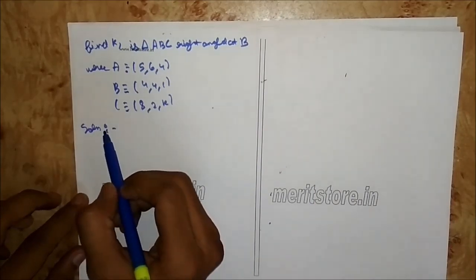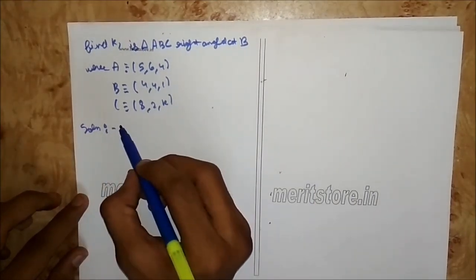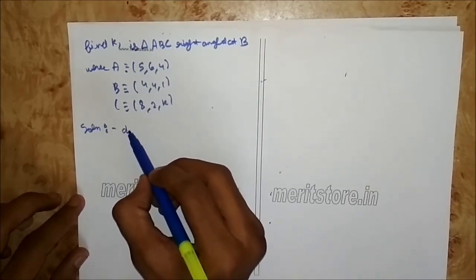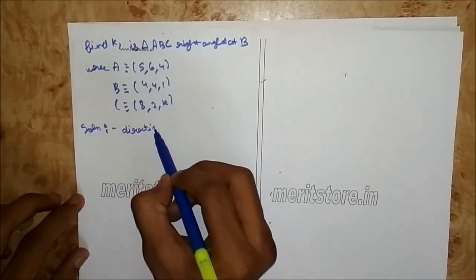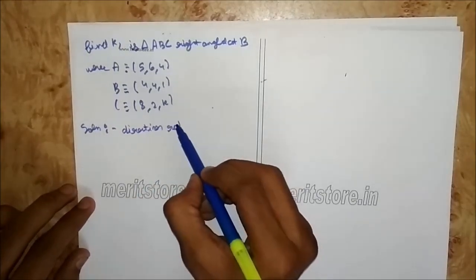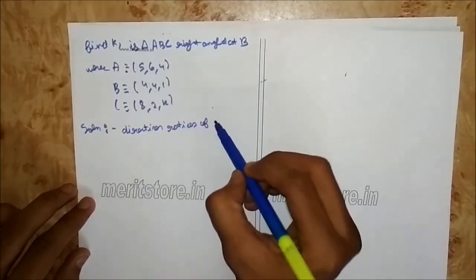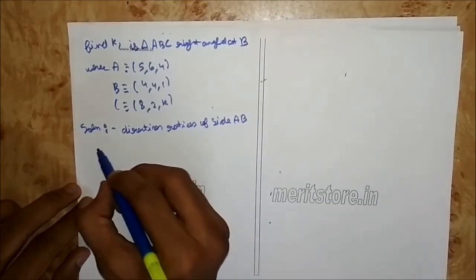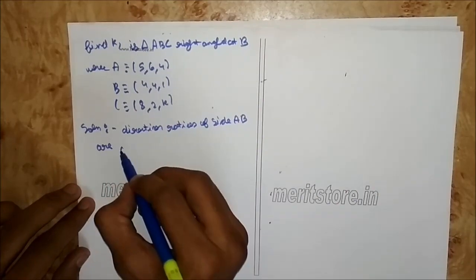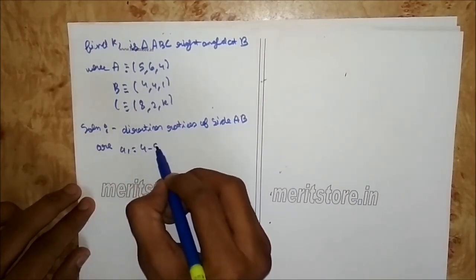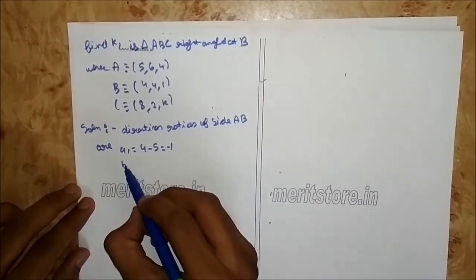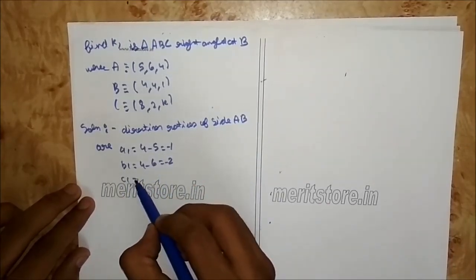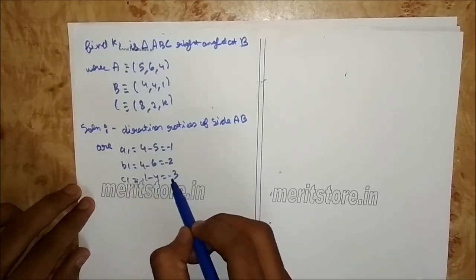The solution would be: the direction ratios of side AB are A1 is equal to 4 minus 5 is equal to minus 1, B1 is equal to 4 minus 6 is minus 2, C1 is equal to 1 minus 4 is equal to minus 3.